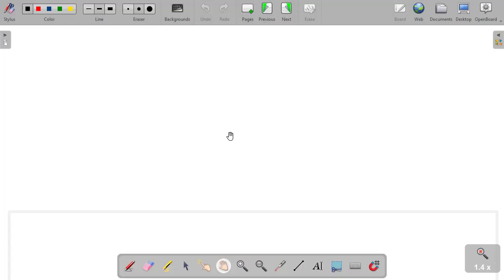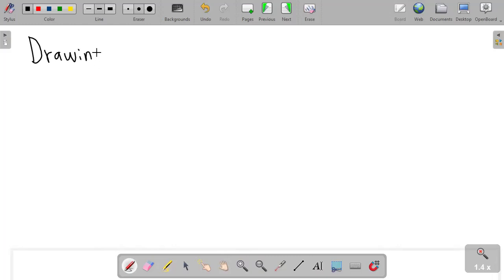So we're still doing vectors and scalars. In lesson 4, we're going to get into drawing vectors.